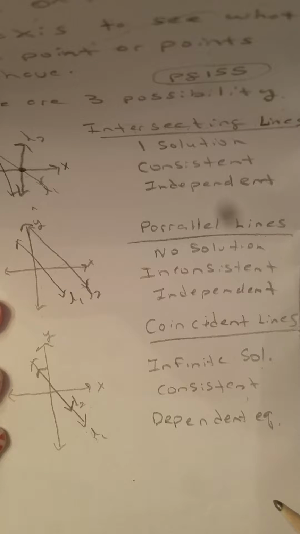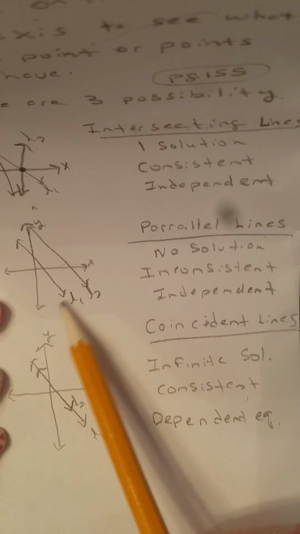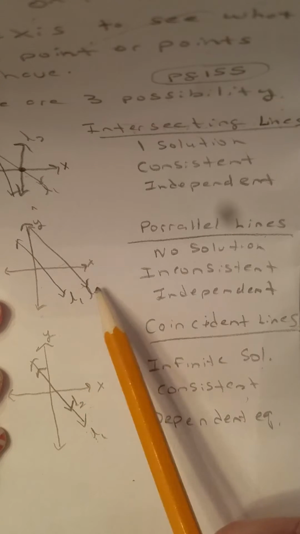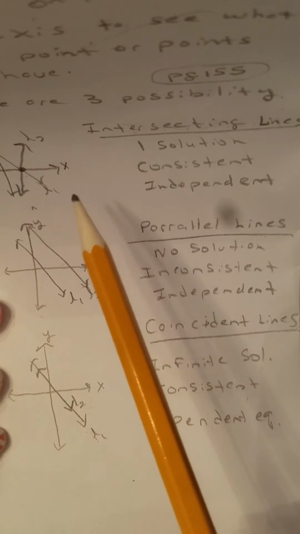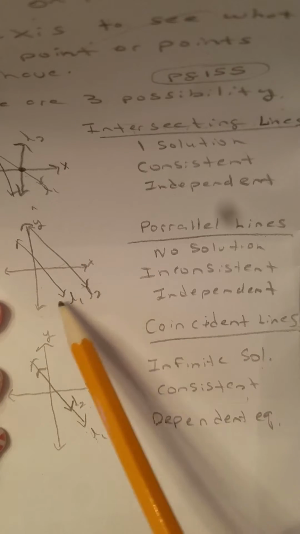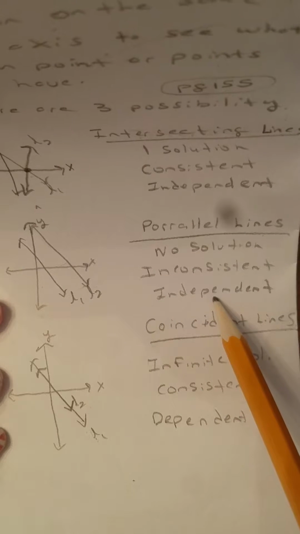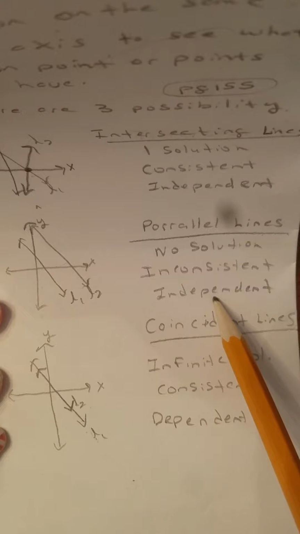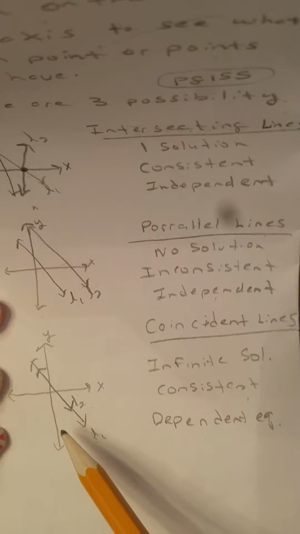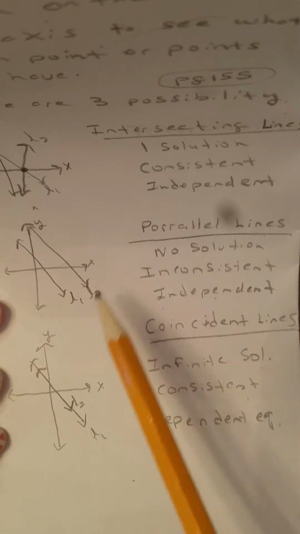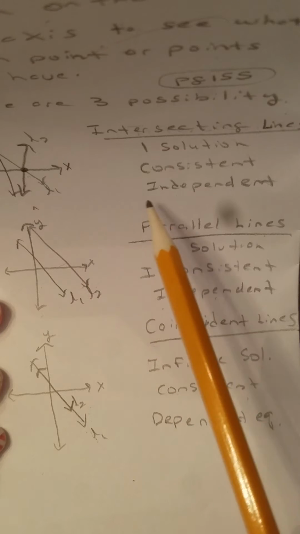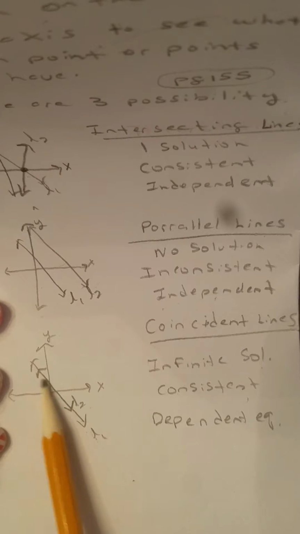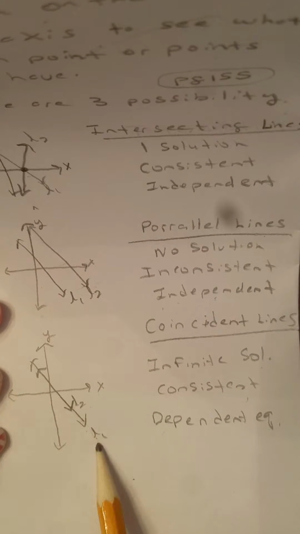Independent equations are unrelated equations. There's no relationship between them here, so it's independent. This one is dependent because they are related.